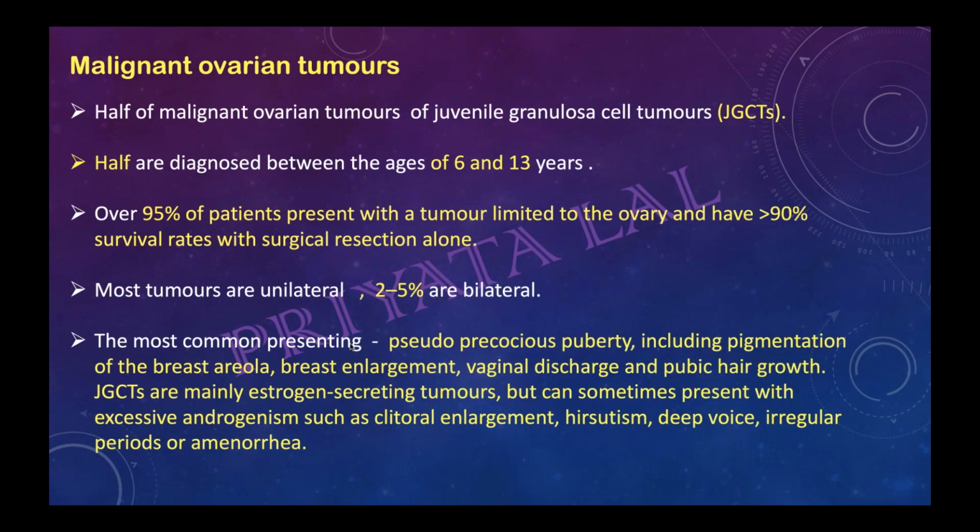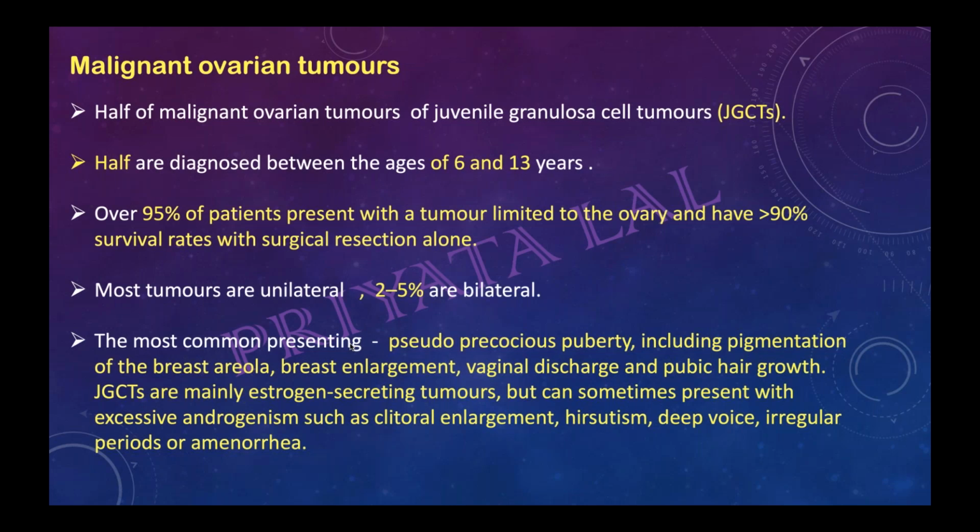These are the most common, and usually they come at a young age, 6 to 13 years, and most of the time they are unilateral, limited to one ovary. They can only be managed with surgical resection. And the most common presenting feature, this you must know, is because they secrete hormone.